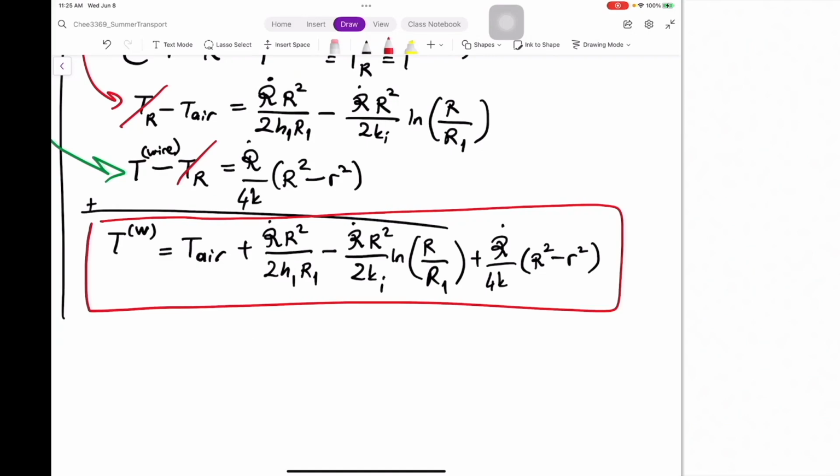And if you want to find out the maximum temperature, T max, is temperature of the wire at r equal to 0.